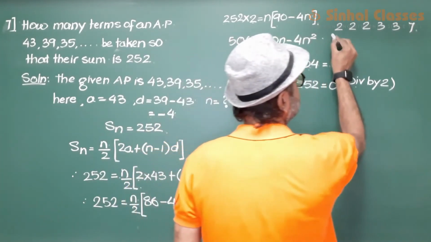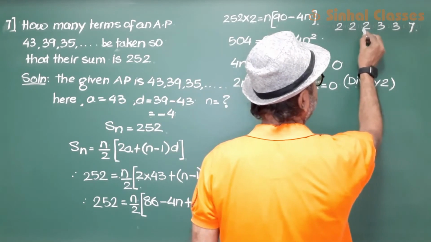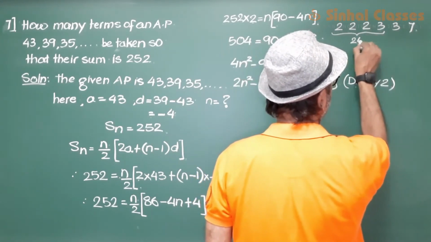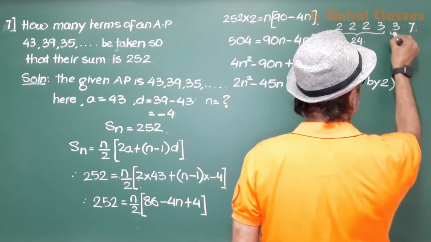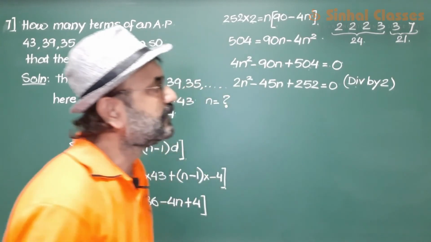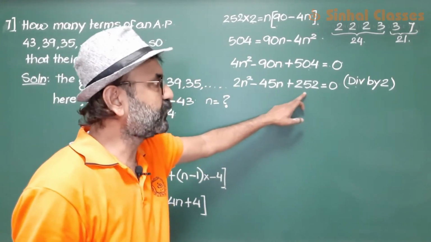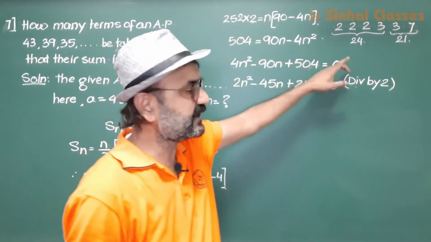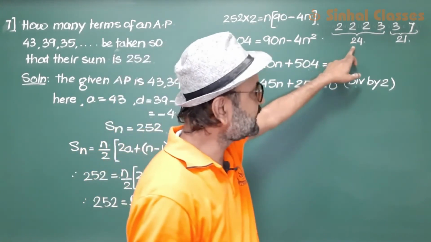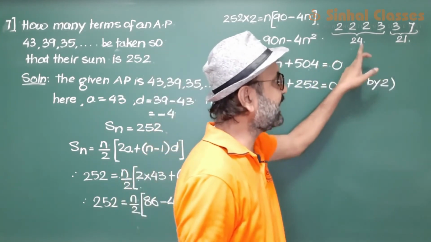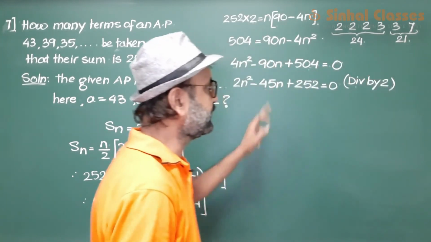Let us take these numbers: 2 2s are 4, 4 2s are 8, 8 3s are 24, and 7 3s are 21. So the factors of 252 are these, and out of these factors, the required numbers are 24 and 21, which when added together give us 45.